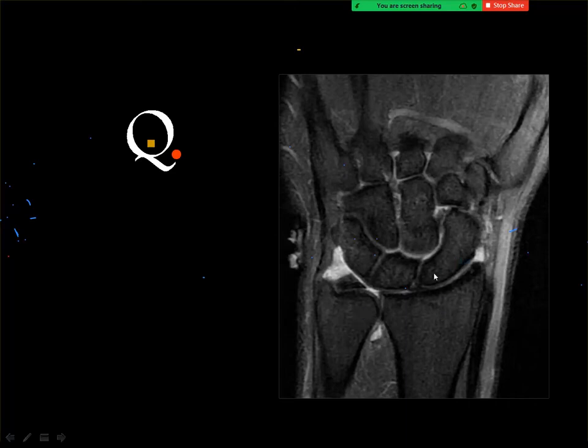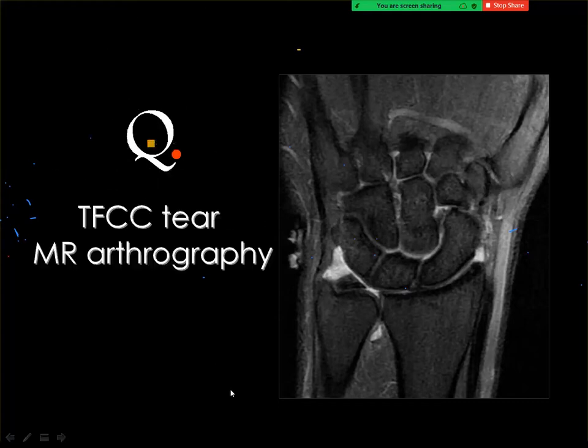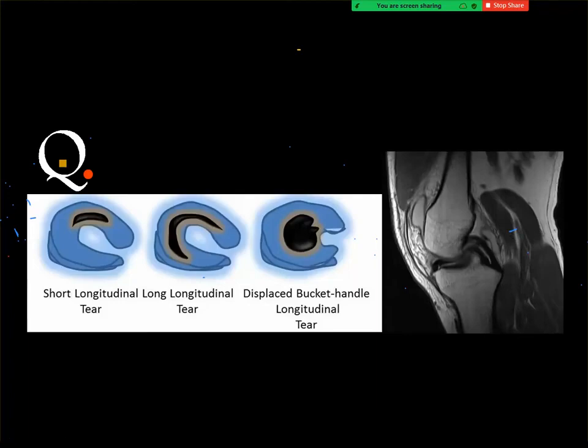This joint is the radiocarpal joint, of course, and this is triangular fibrocartilage tear.